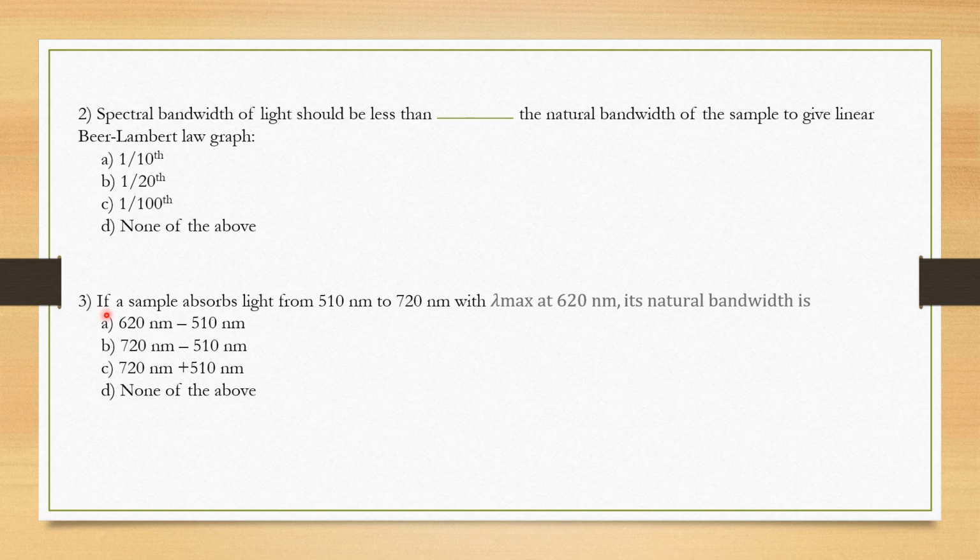If a sample absorbs light from 510 nanometers to 720 nanometers with lambda max at 620 nanometers, its natural bandwidth is A 620 minus 510 nanometers, B 720 minus 510 nanometers, C 720 plus 510 nanometers, D none of the above.